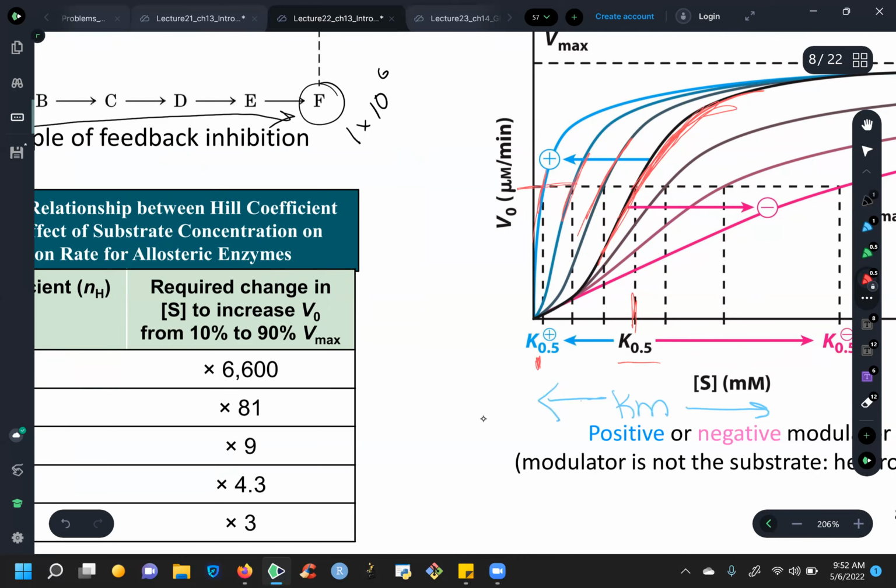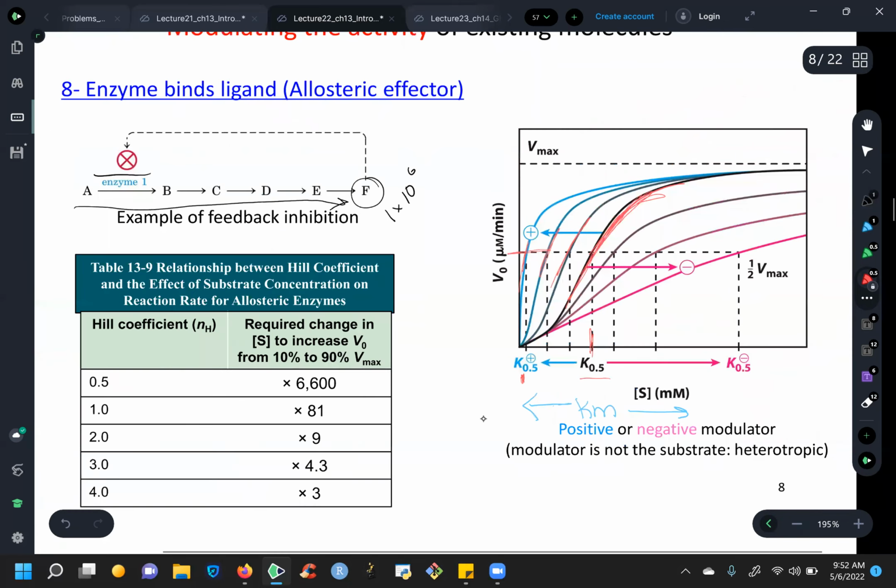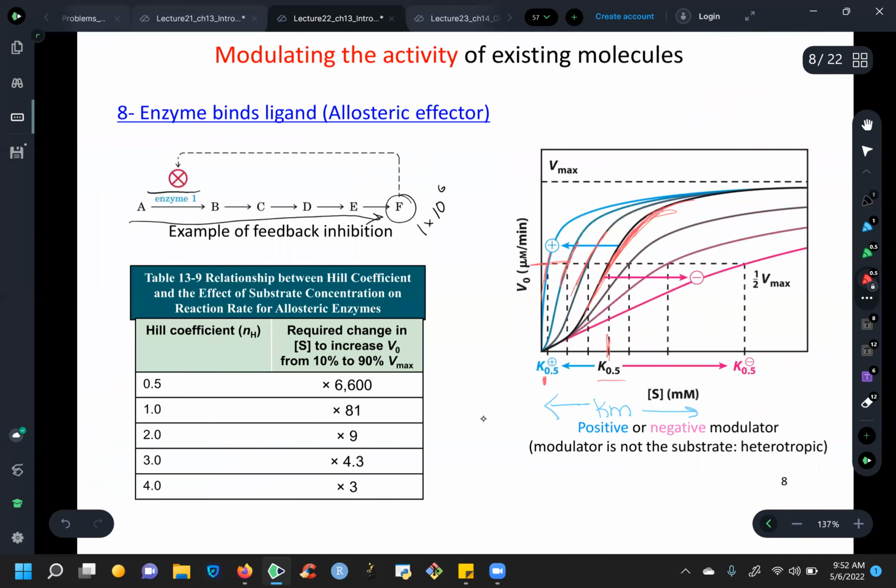That's huge. So the more to the left the Km is, the more effective the enzyme, and that would be a positive modulator. And the more to the right the Km is, the less effective. Look at this slope, it's like nothing. So that's why it would be a negative modulator.